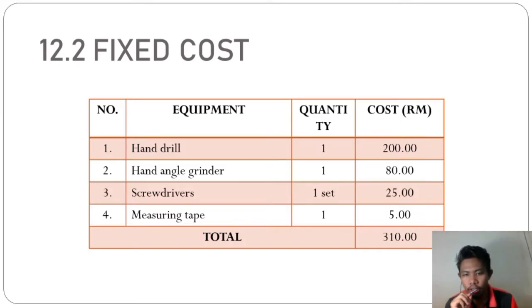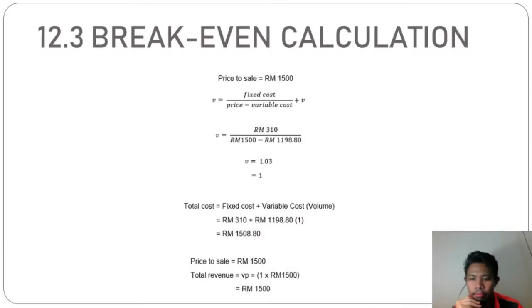One set is about 25 ringgit. Fourth is measuring tape. The cost of one is about 5 ringgit. So the total cost of equipment is about 310 ringgit.